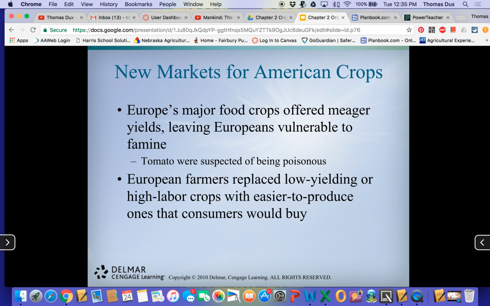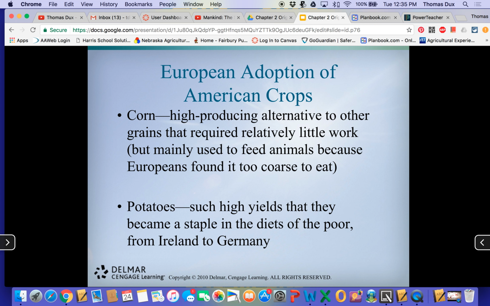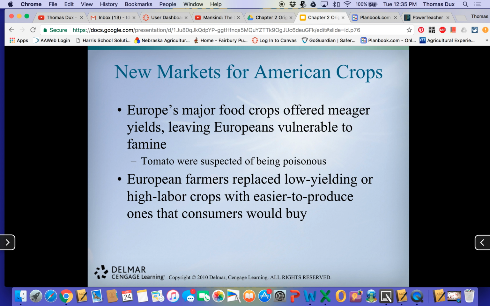Also, European farmers were able to replace some low-yielding or high-labor crops with easier-to-produce ones. Sorry, did everybody get these? One of these, which we'll talk about next year, was corn. Corn succeeded in Europe because it offered a high-producing alternative to other grains and relatively little work.